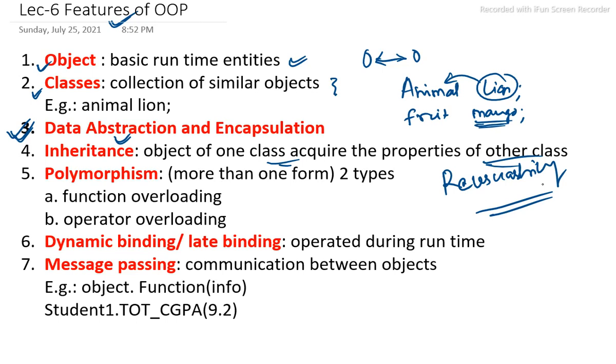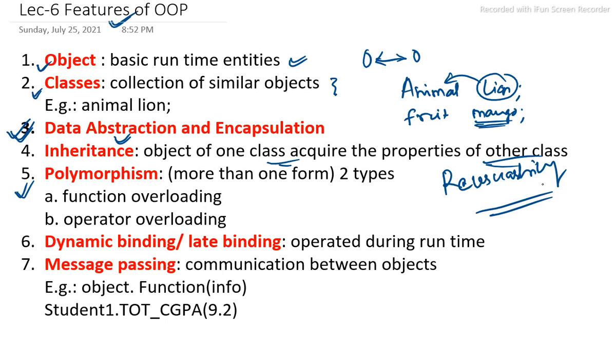All these details we will discuss in later video lectures. These are only a brief introduction. The next feature is polymorphism. It is a Greek word, polymorph. Poly means many, morph means form, so more than one form can exist.